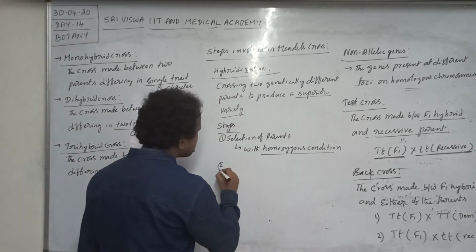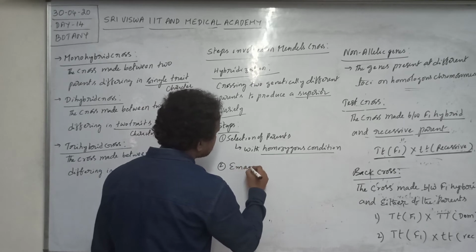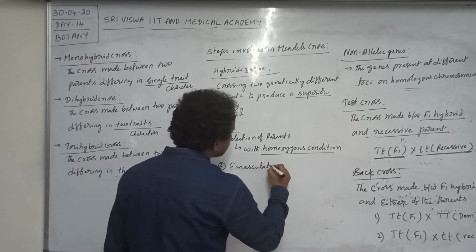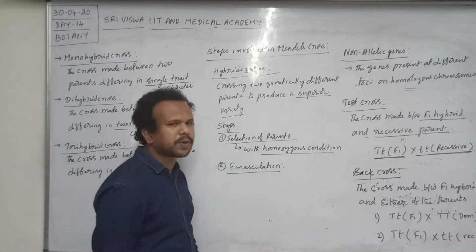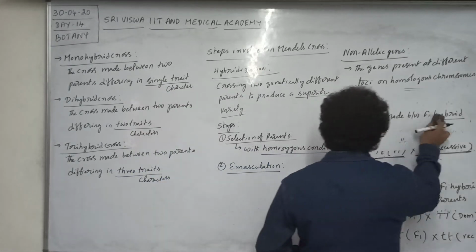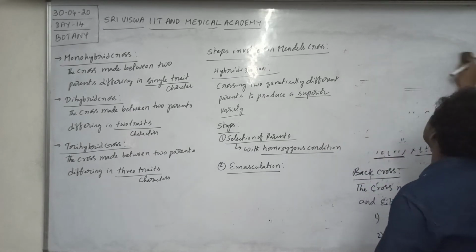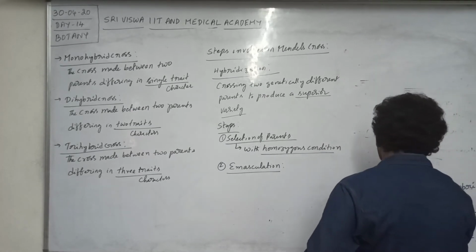Then the next important step of hybridization is emasculation. First step is selection of the parents. Second step is emasculation. What is emasculation? Very important term.